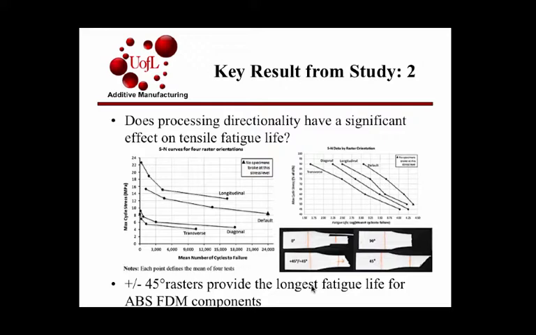For the fatigue testing, they determined that the default raster orientation, which is the plus or minus perpendicular raster of 45 degrees, had the best fatigue life, with the transverse at 90 degrees and the longitudinal being the worst.